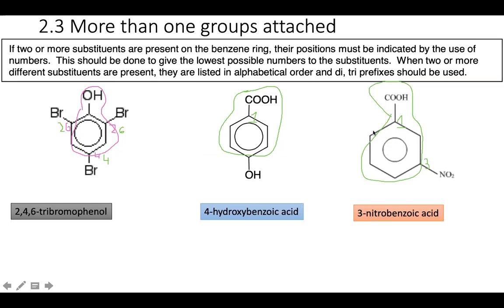Do not go anti-clockwise because anti-clockwise is a longer route, 2, 3, 4, 5. So if you start counting in an anti-clockwise direction, it will be 5-nitrobenzoic acid, whereas if you go in the clockwise direction, it is 3-nitrobenzoic acid, and there could only be one answer, which is 3-nitrobenzoic acid. Okay.